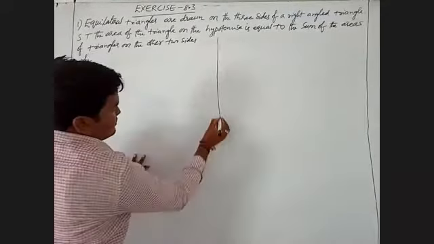What is given in this one? Equilateral triangles. What are the equilateral triangles? One is triangle PAC, another one is triangle QAB, and the third one is triangle RBC.